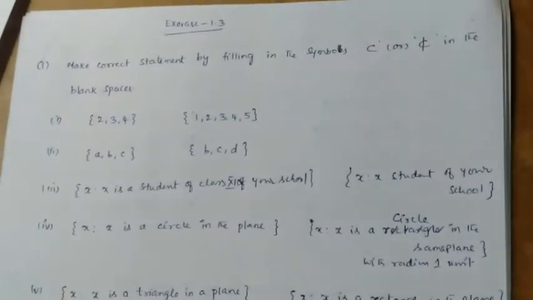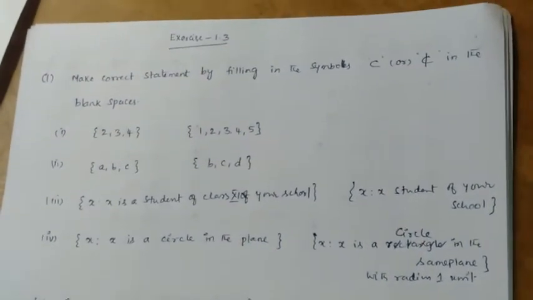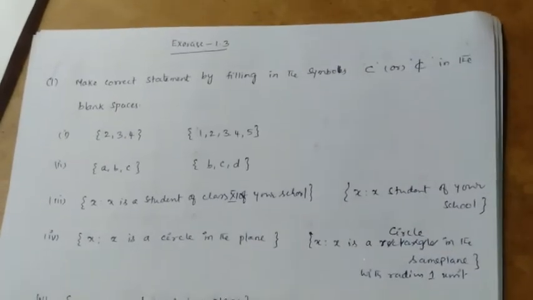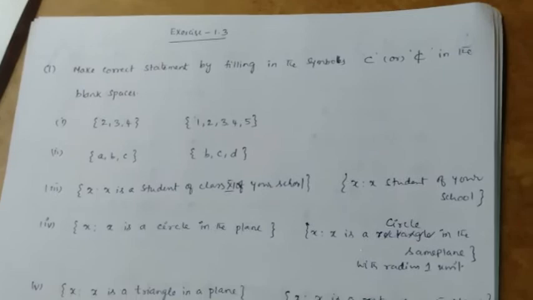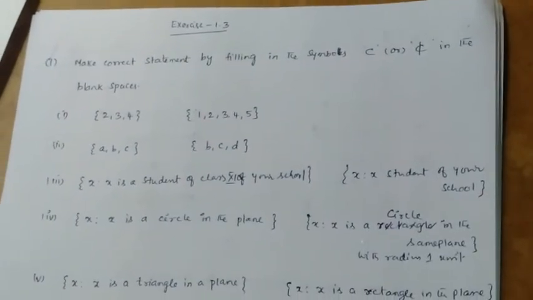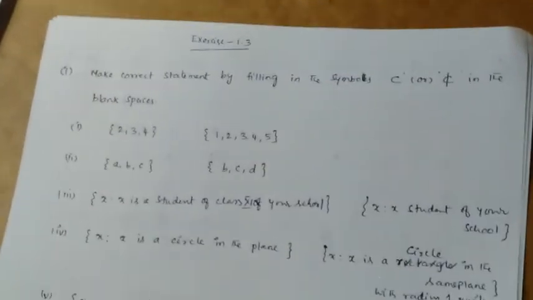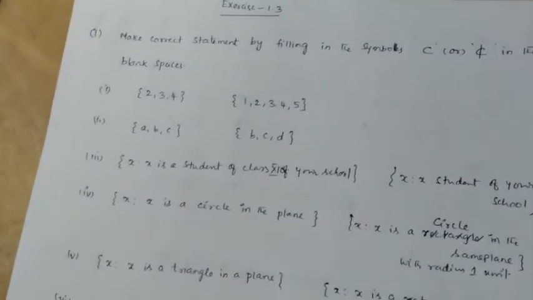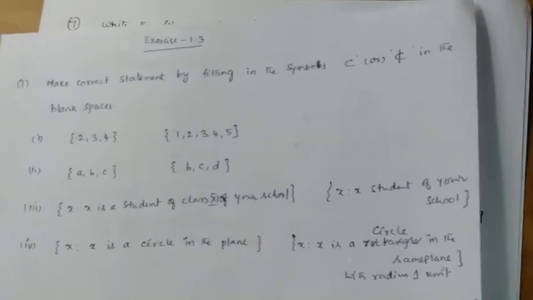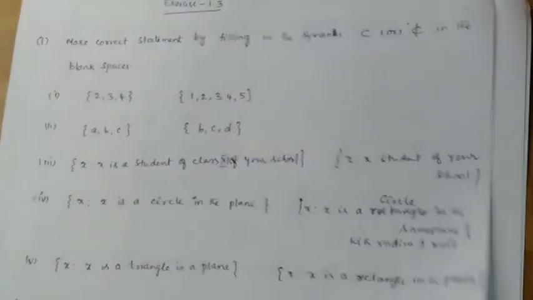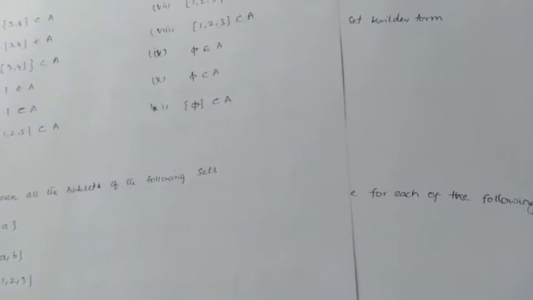So already you are in the practice of sets. Today we are going to discuss exercise number 1.3, which contains basic problems related to sets, subsets, universal sets, open and closed intervals, set builder form, statements that are correct or incorrect, and power set.